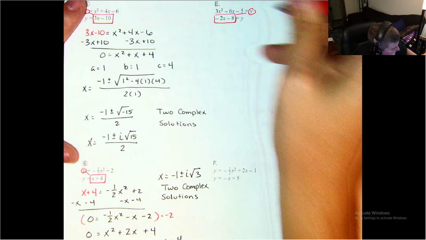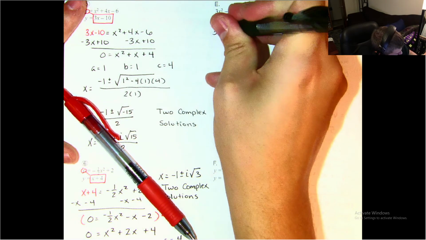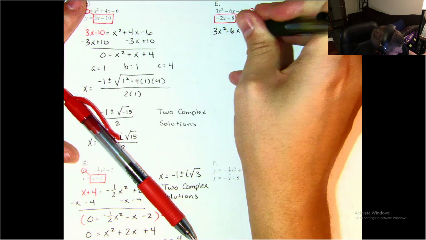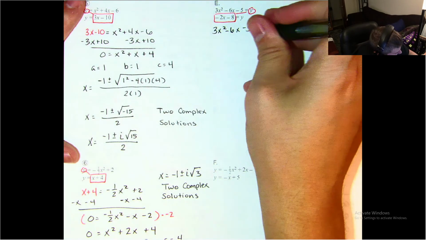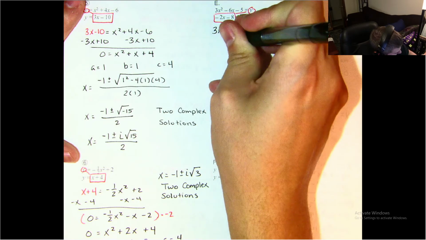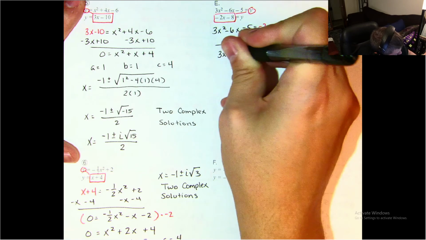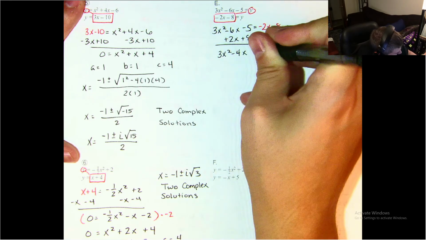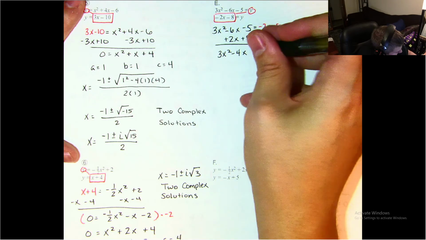We know what y is equal to, so we replace it. 3x squared minus 6x minus 5 is equal to negative 2x minus 8. And I can go ahead and add 2x and add 8. So I'm going to get 3x squared minus 4x plus 3 equals 0.